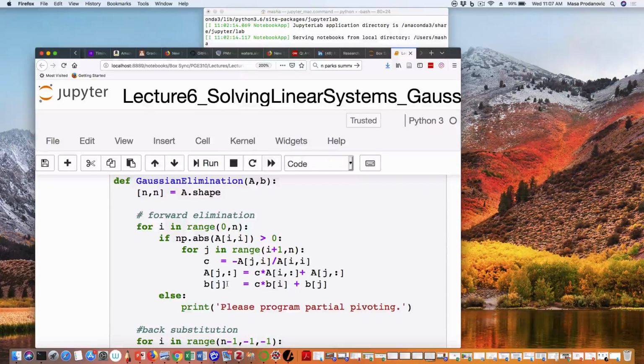So n squared, if I'm traversing the entire matrix. Then inside here, I have one division to compute C. I have multiplication here, and this is done for the entire row. So there's n elements here.